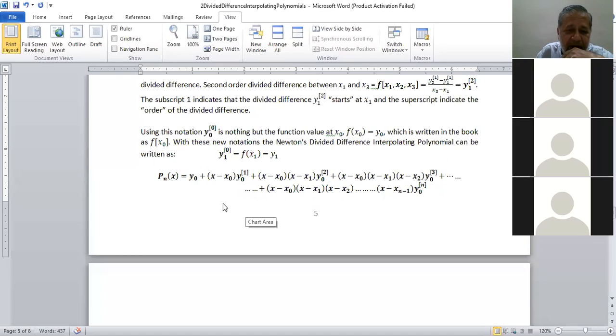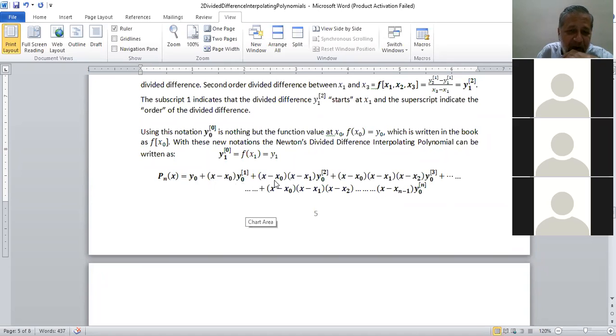Now, what is the structure? The structure is that we start with the first possible y value, add to it a term that contains first order divided difference starting at the first point multiplied by x minus x coordinate of the first point.